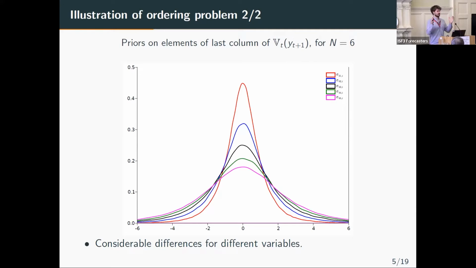And you see that the further you go down, the wider the prior gets. In other words, the earlier the variable comes in this ordering, the tighter is your prior that this is centered around 0. And again, this comes from priors where you would think you impose the same prior on everything, but it's not the case. You really change the posterior distribution with this.